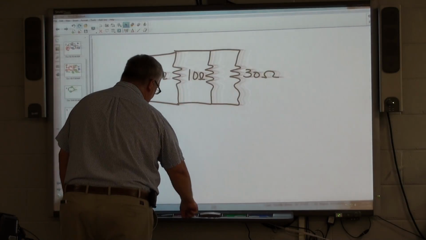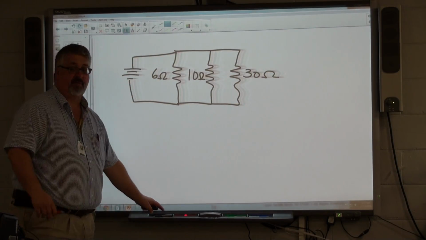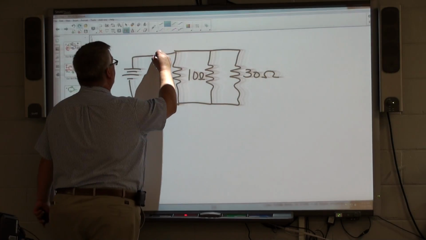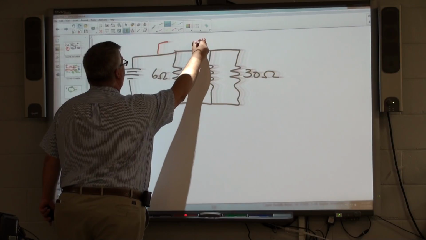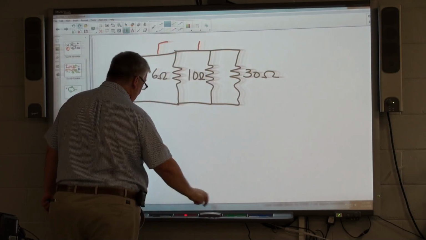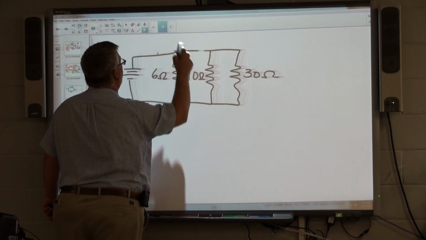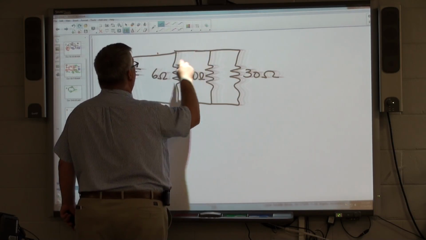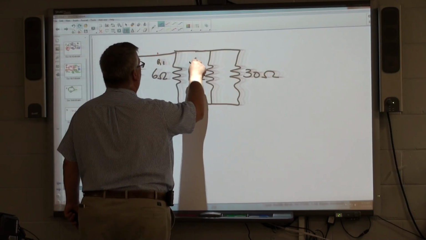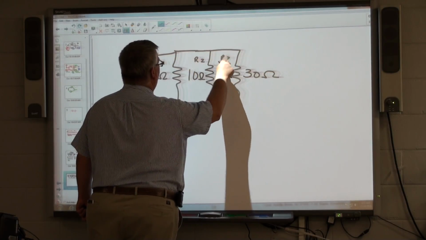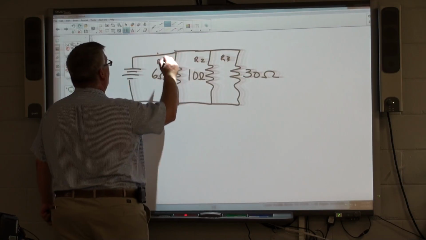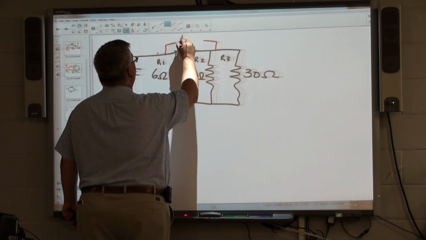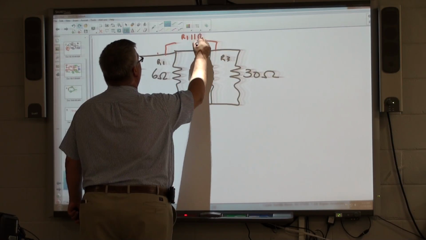Let's start with product over sum. We did the one over a while ago. Again, we have to solve them two at a time. So I'm going to solve the parallel branch of R1 and R2. This is R1, this is R2, this is R3. This will be R1 parallel with R2.